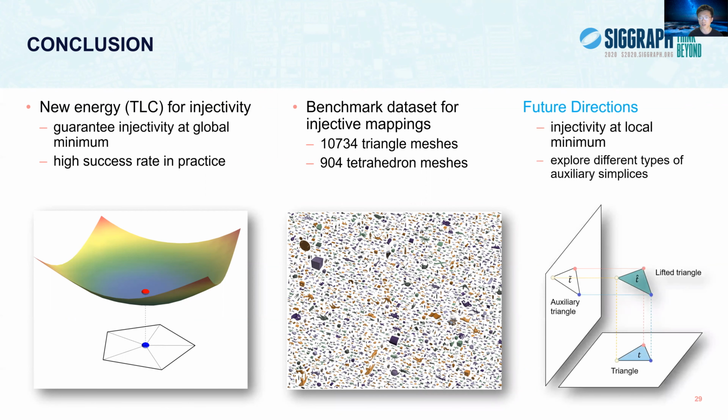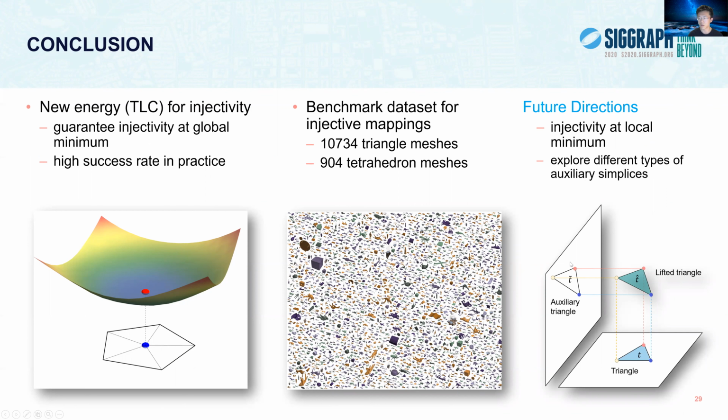In the future, we would like to explore several interesting directions. First, our theoretical result only concerns the global minimum of TLC, but it would be very interesting and practically relevant if we can talk about the local minimum property. Another direction is to explore different types of auxiliary simplices.